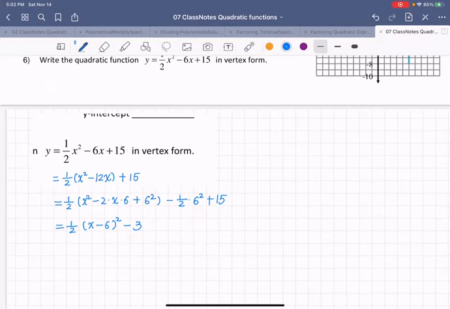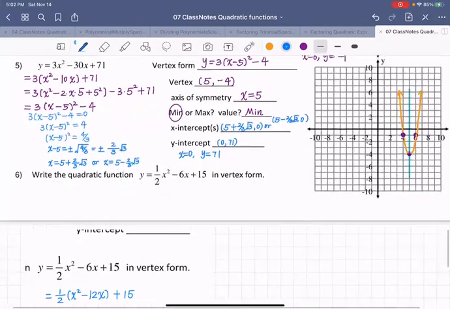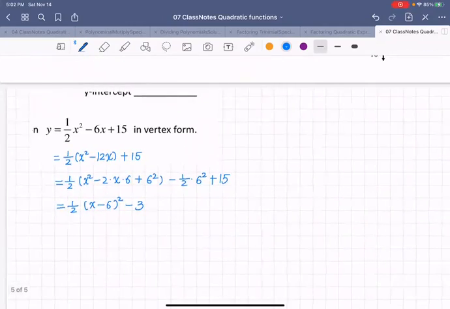So let's answer the question. That's the vertex we met, right? Vertex: x equals 6, and then y equals negative 3.